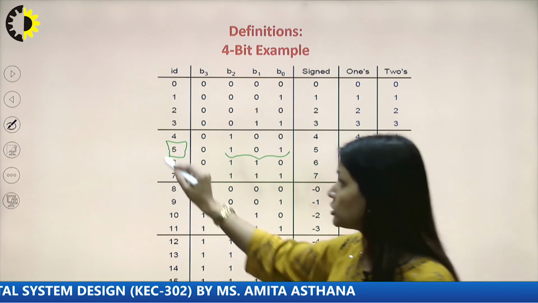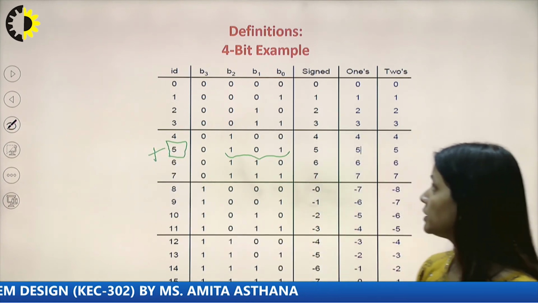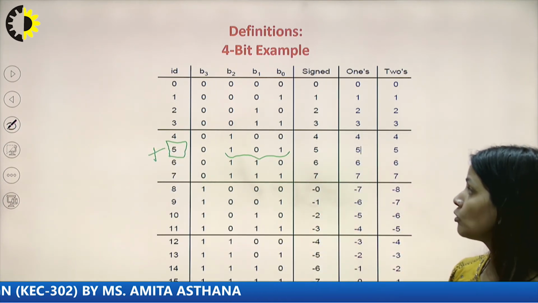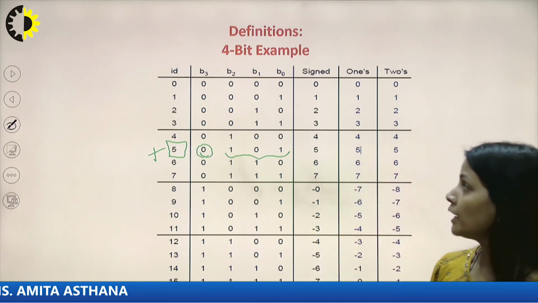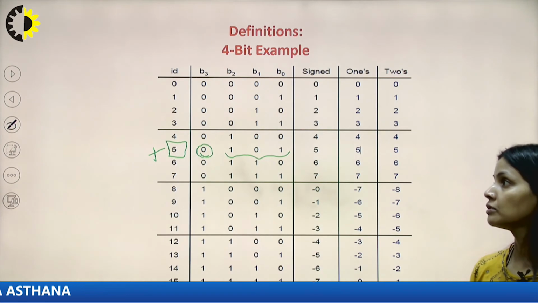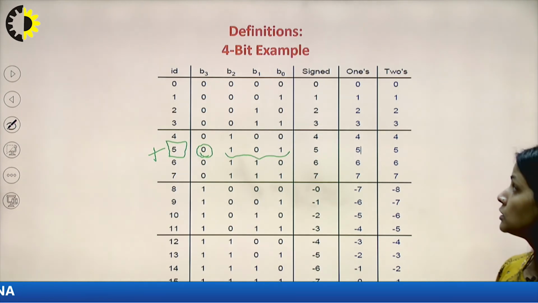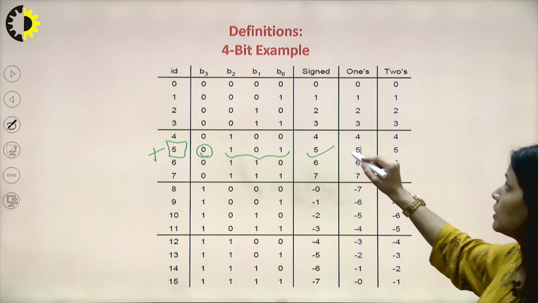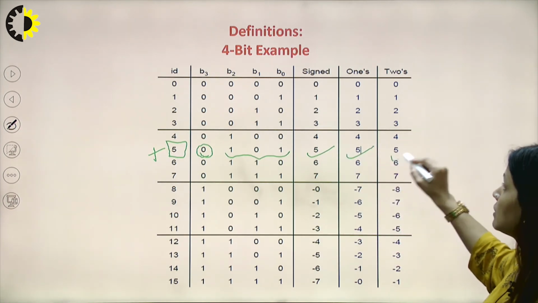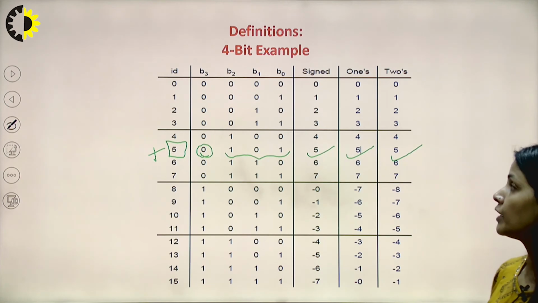Since it is a positive number, a 0 is placed here and 101 is the magnitude. In signed form this will be 5, and in 1's and 2's complement it will also be 5.